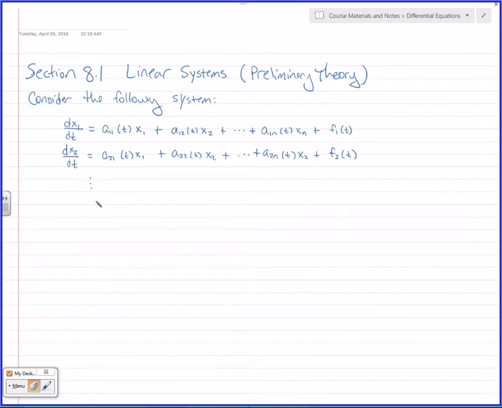Dot, dot, dot. dxn dt is equal to An1 of t x1 plus An2 of t x2 plus dot dot dot plus Ann of t xn.